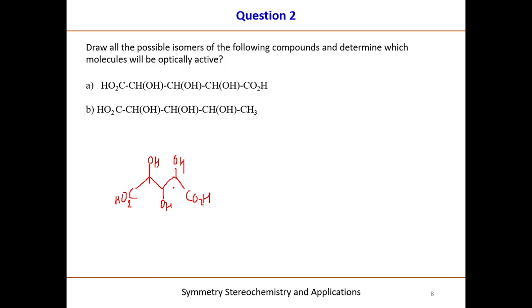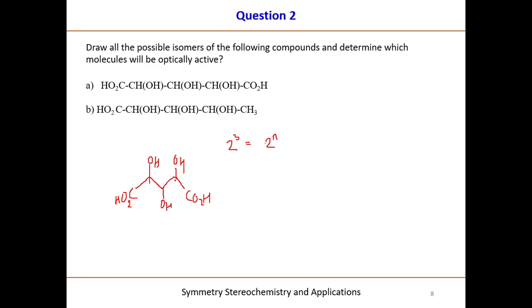That means we have 3 chiral centers. We have to follow this rule. According to the rule, we write 2^n stereoisomers, where n is the number of chiral centers present in the molecule.